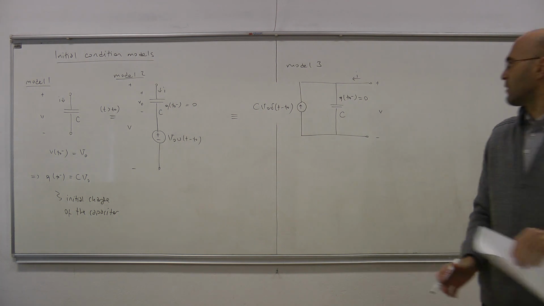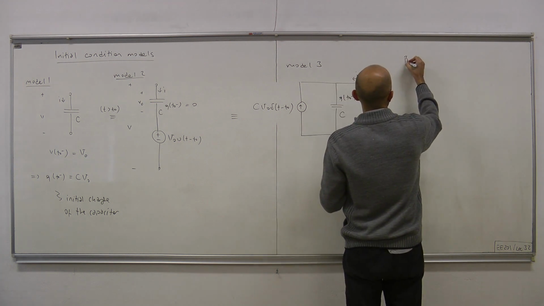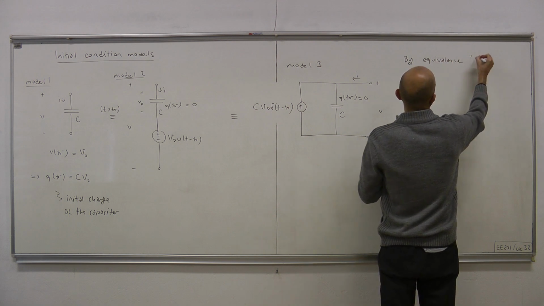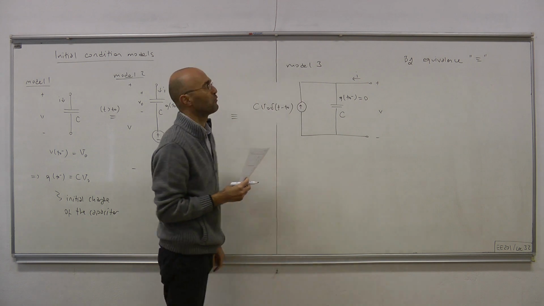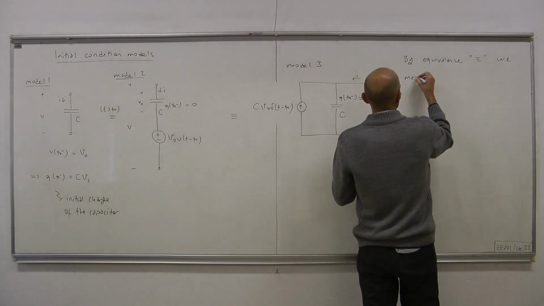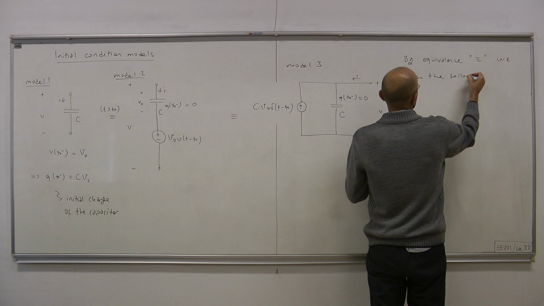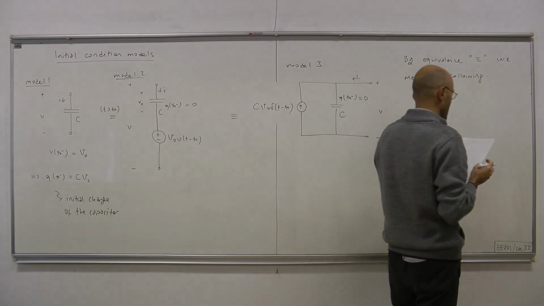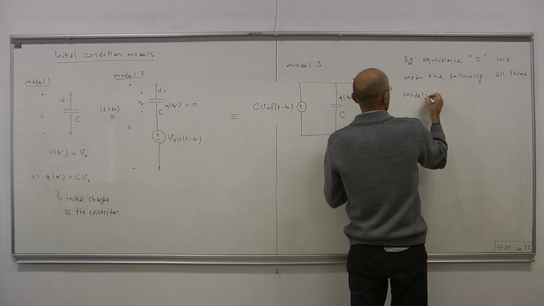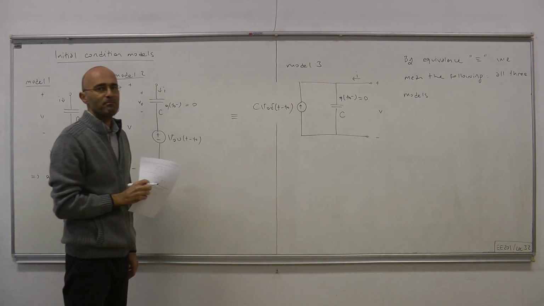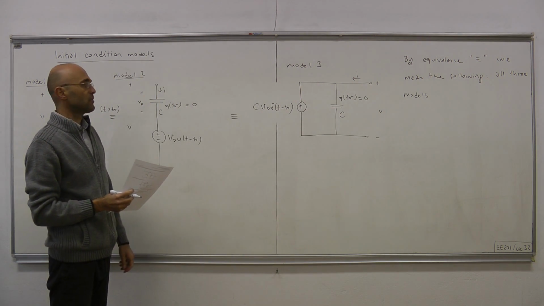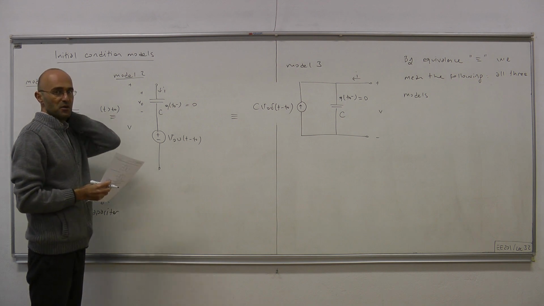Okay. So by equivalence, which we denote by this 3-bar notation, we mean the following. All three models will generate the same current and voltage IV characteristics for all times t larger than t0.